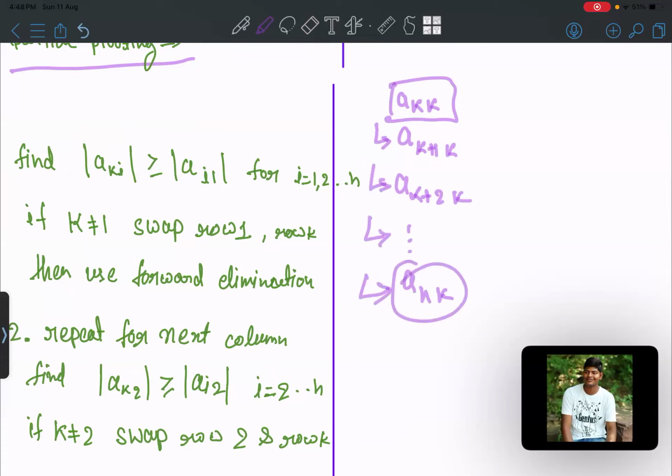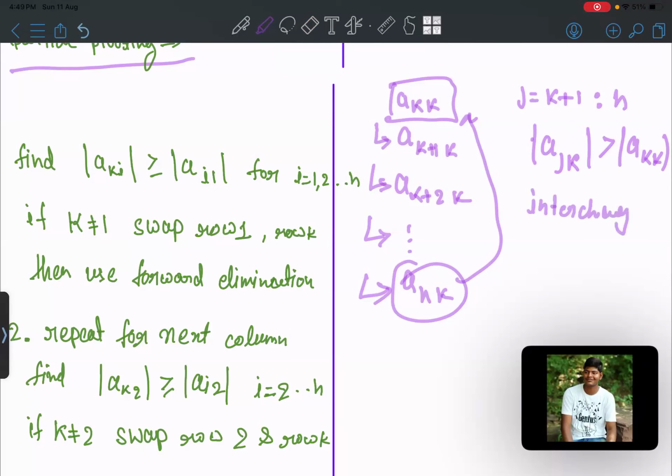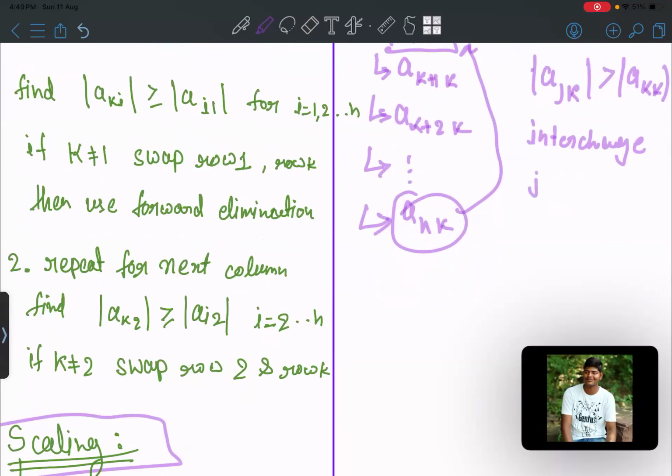For j going from k plus 1 to n, if I find any absolute value of a_jk greater than the absolute value of a_kk, then I simply interchange the jth row with the kth row.